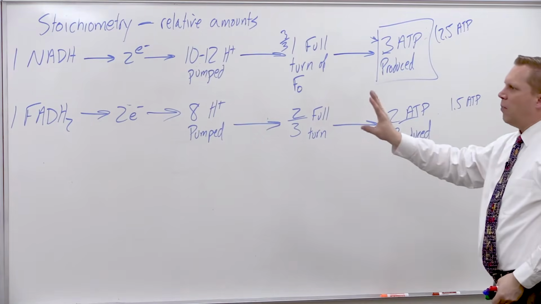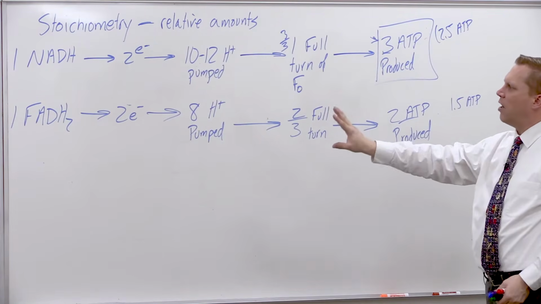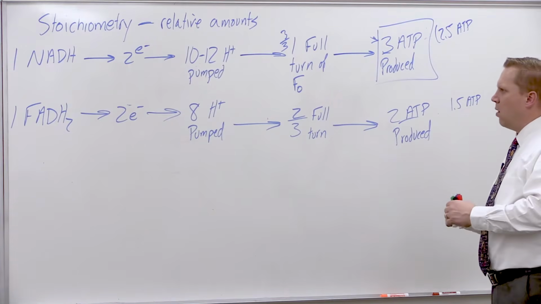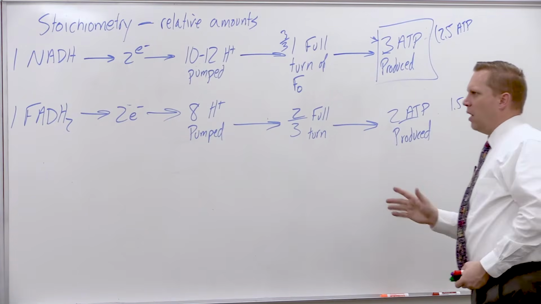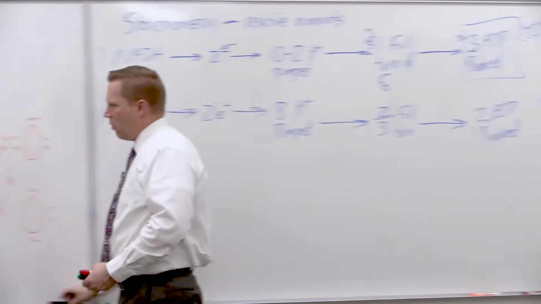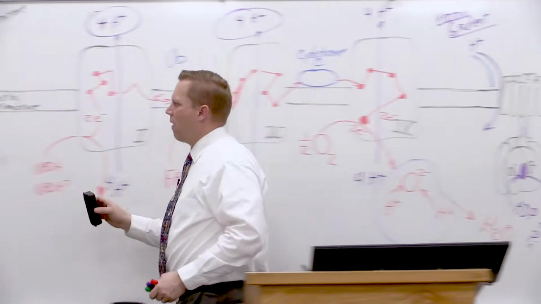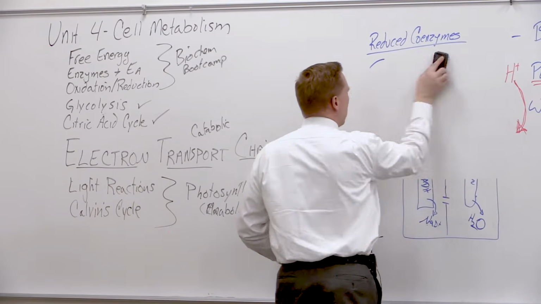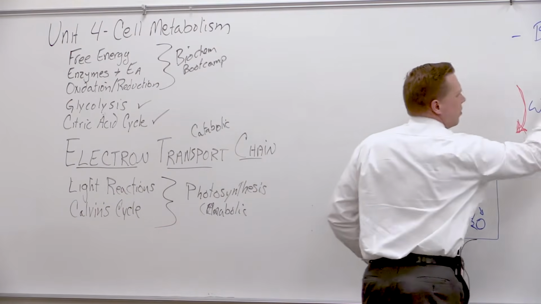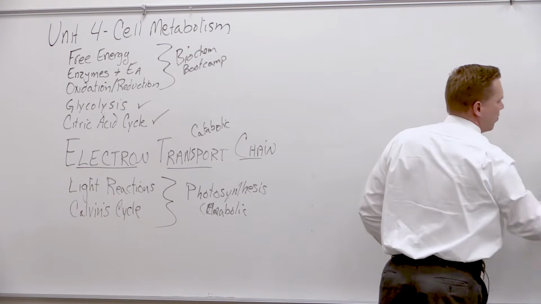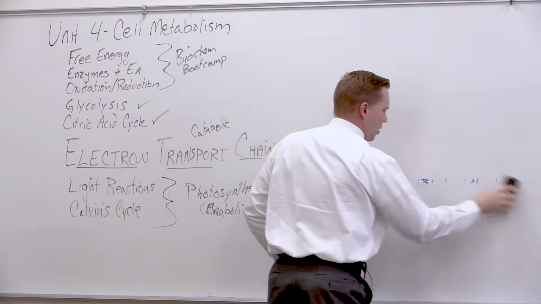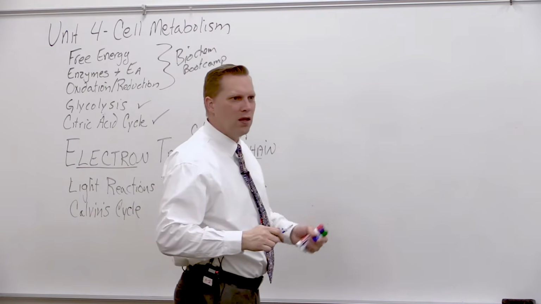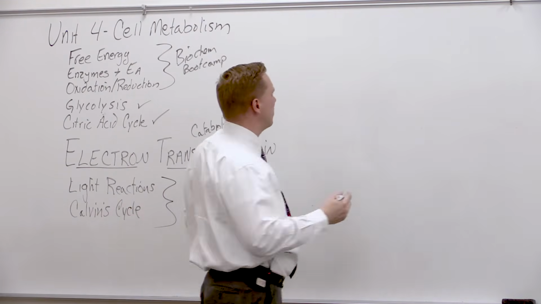So that's a little bit about how many ATPs we're going to get out of NADH and FADH2 in this process. Now, let's come back over here to our beginning, and let's summarize. Now that we've been through that, that's the entire process of cell respiration. Let's go back and look at some of our totals of ATP that we might get out of this process.